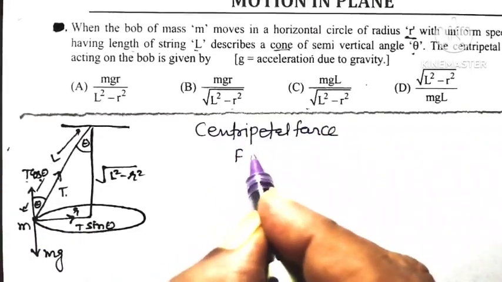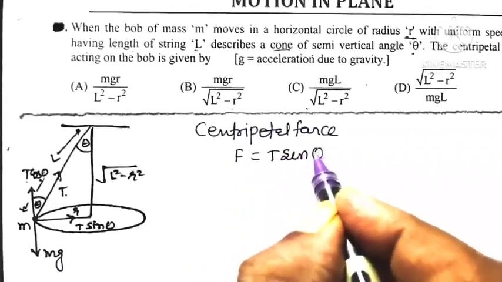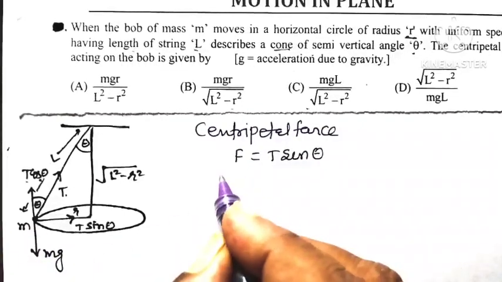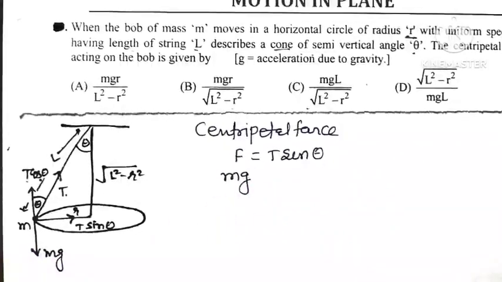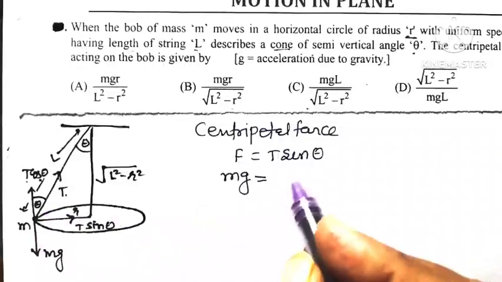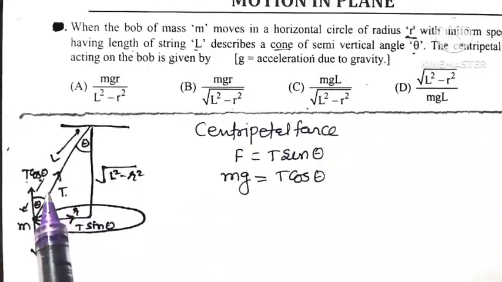Centripetal force F is equal to T sin theta, F = T sin theta. And here the weight mg of that body is balanced by which component? T cos theta.